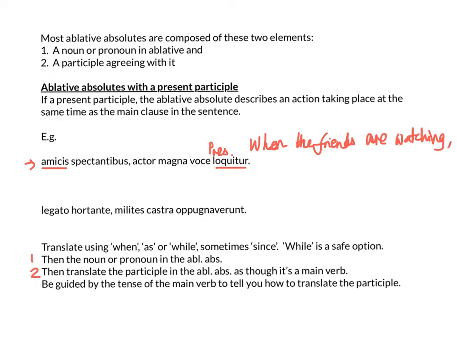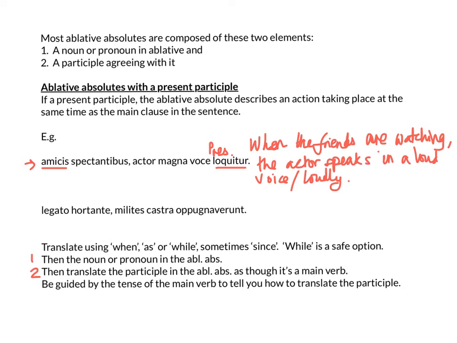and then I'm going to finish the sentence with the actor speaks. And here I've used the words magna voce in Latin, which literally means in a big voice. But I'll say in a loud voice because it's better English. I could even say the actor speaks loudly. Choose one of those two if you're in an exam.